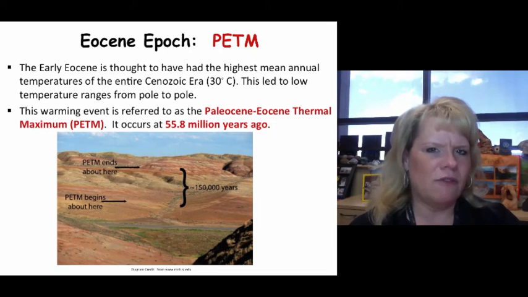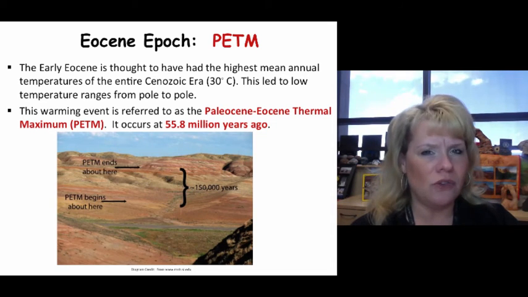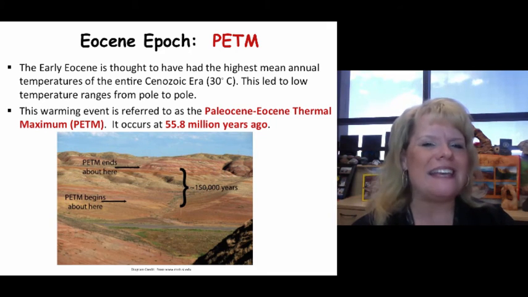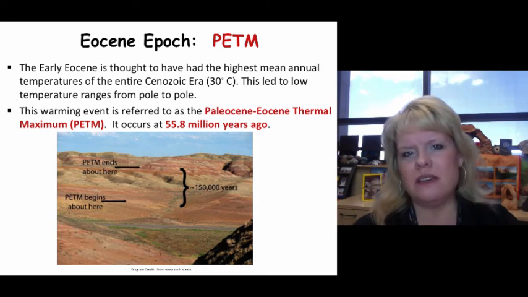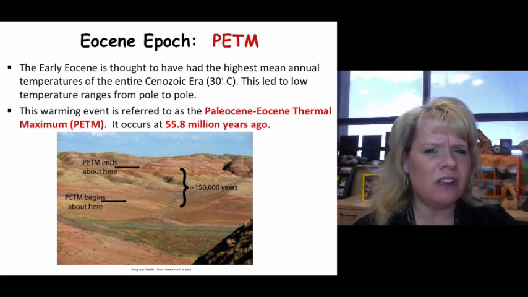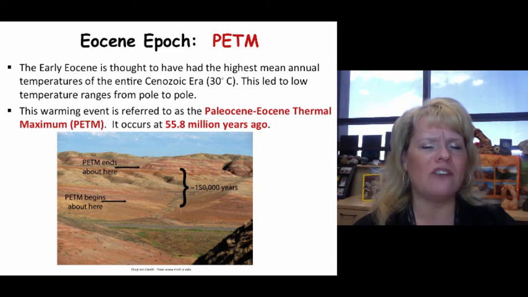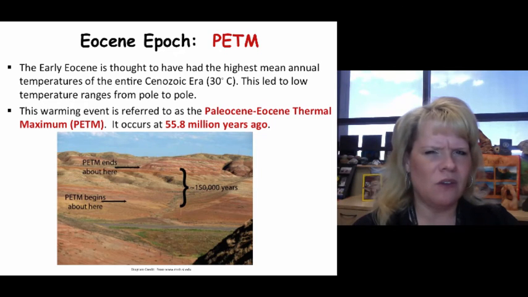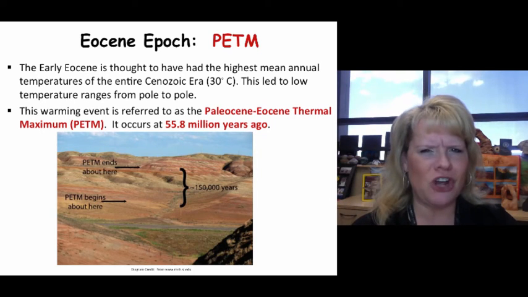So we can't have a conversation about the Eocene and its impact on climate without talking about the PETM. So what does the PETM stand for? Paleocene-Eocene Thermal Maximum. I often ask this question on tests, and I'll say, when did the PETM start? And I almost every time get Paleocene.